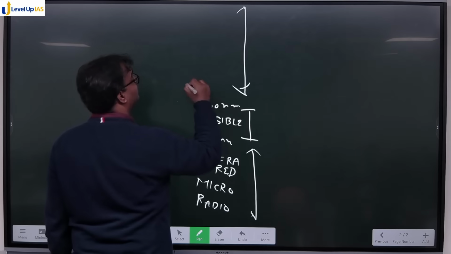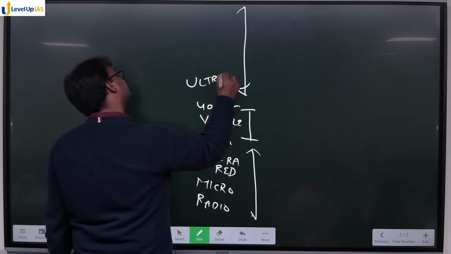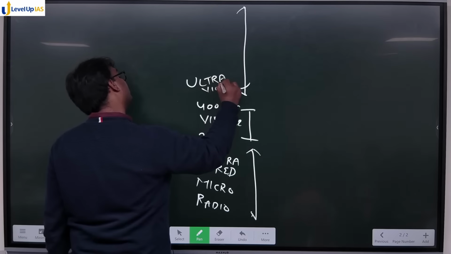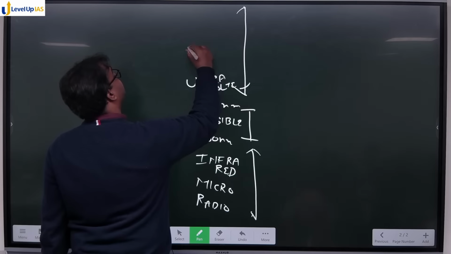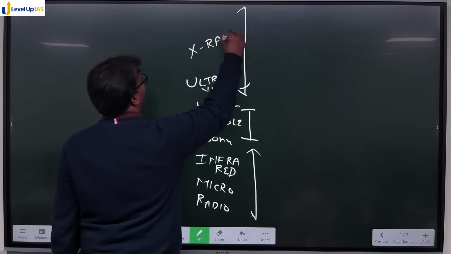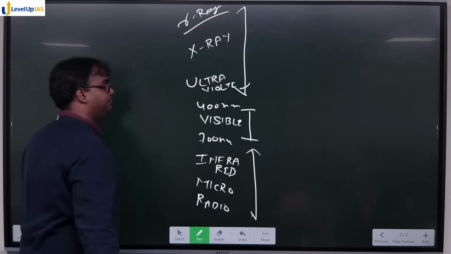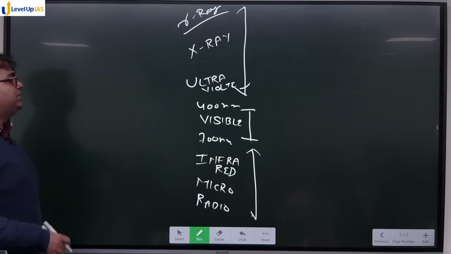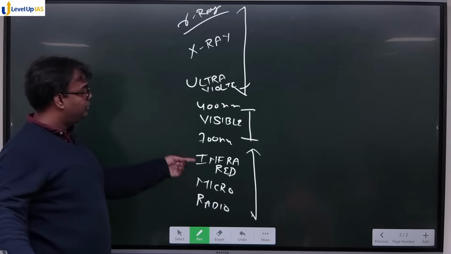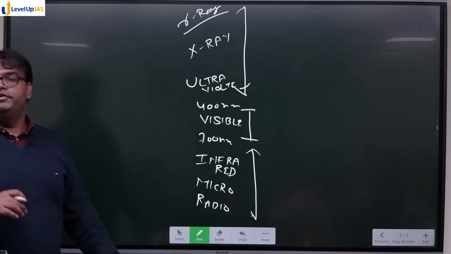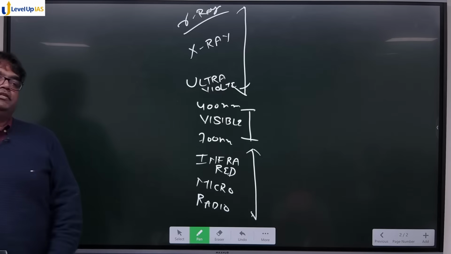Then we have ultraviolet, X-ray, gamma rays. These are the 7 broad categories, 1, 2, 3, 4, 5, 6, 7, in which the electromagnetic spectrum is divided.